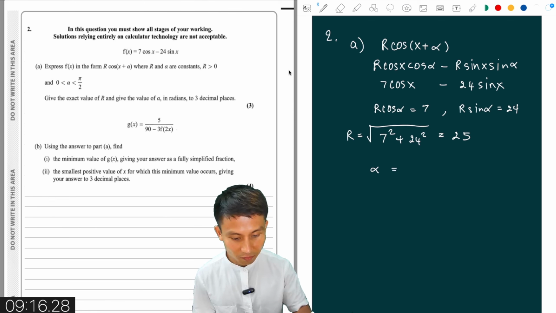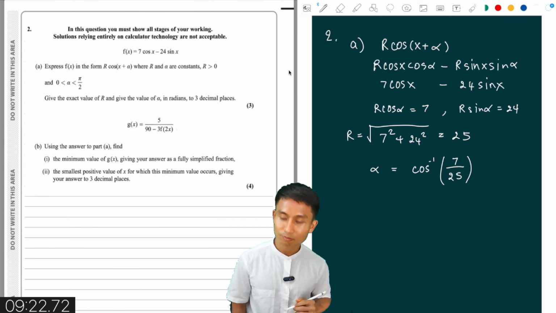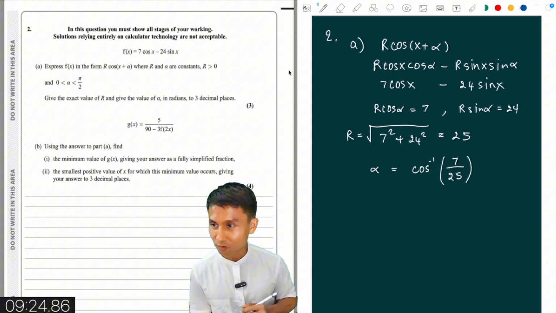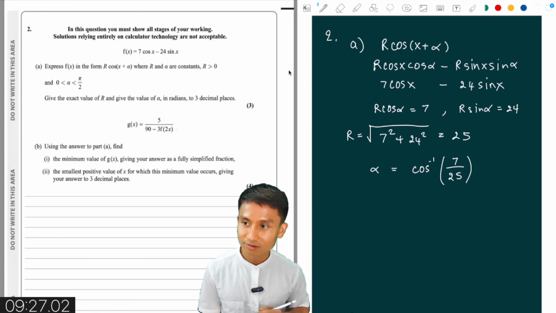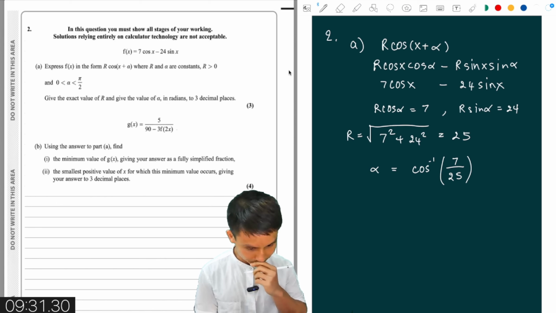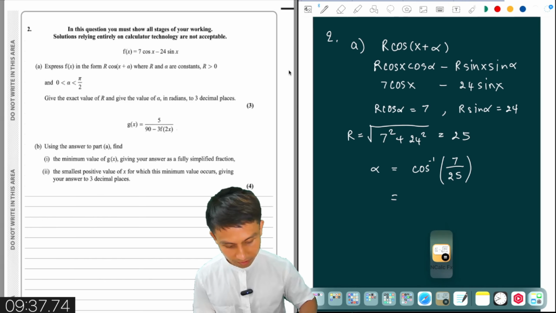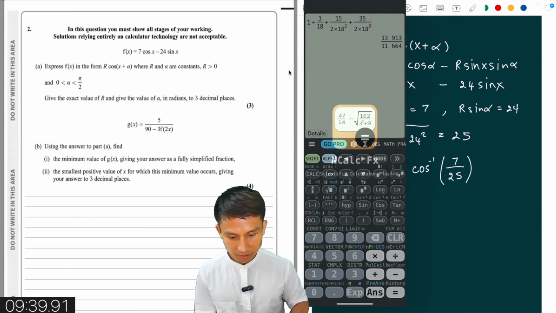Like for example, cos alpha equals 7 over 25 there. Yeah, just plug into one of them. If you prefer cos, you just go with cos. Sine, go with sine. Okay, I'm choosing cos here. And then that's going to require a calculator. Let me just bring one. Here we go.